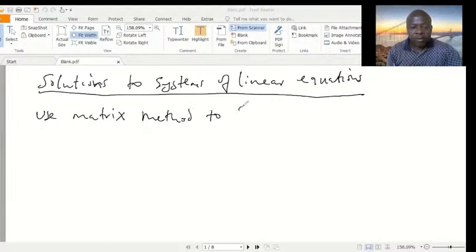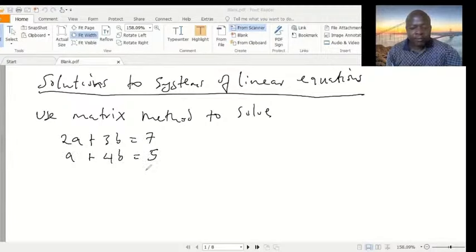to solve 2a plus 3b is 7, a plus 4b is 5. We want to solve this. Solution. The first thing you do is to extract the coefficients of a and b.